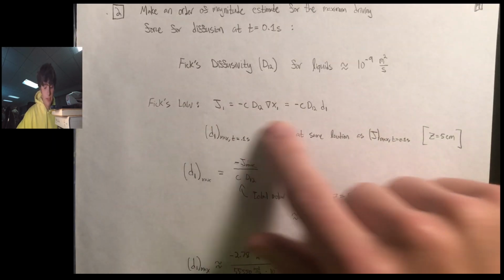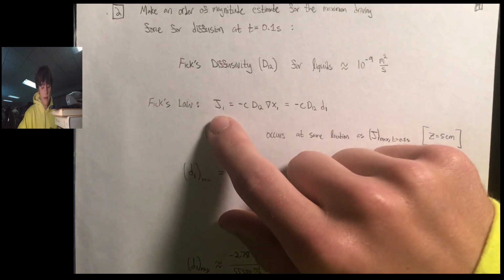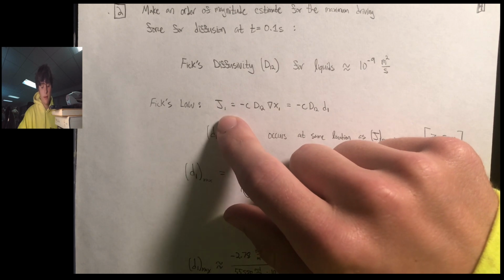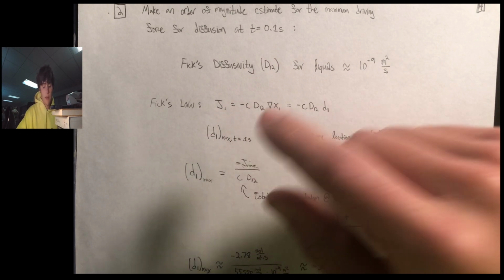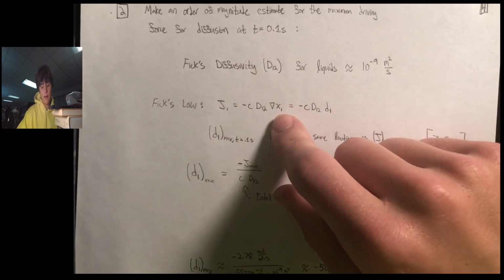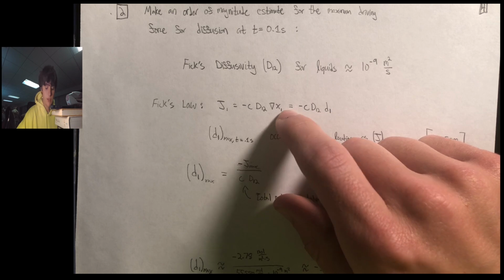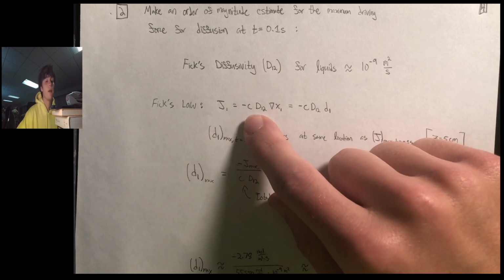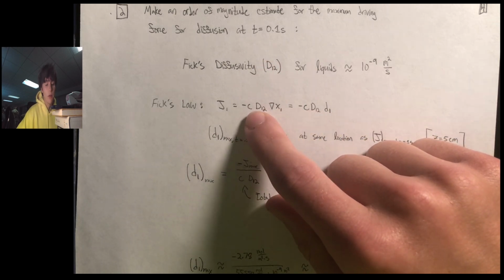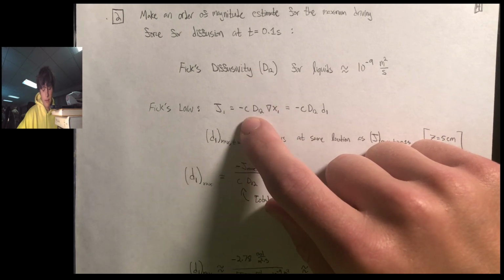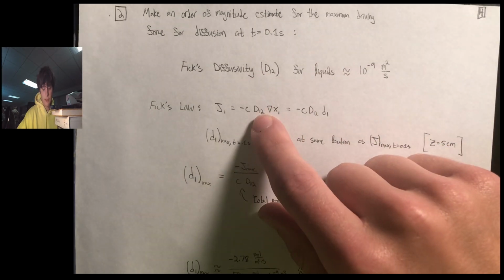And if we just look at Fick's law, which says that the molar diffusive flux of component 1 is equal to negative the gradient of the mole fraction of component 1 at that location multiplied by the total molar concentration at that location times the Fick diffusivity.